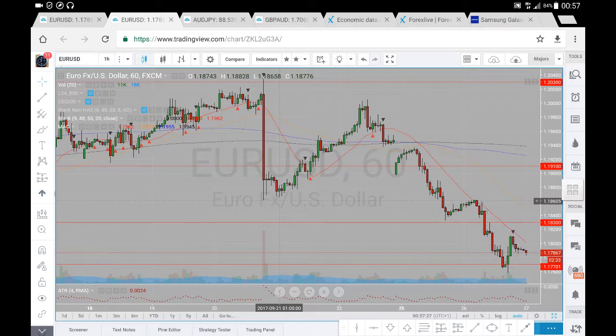So we pulled back a little bit and we sold back off. Went all the way down to my next area of interest of 1770, and we look like we're about to retest it again.